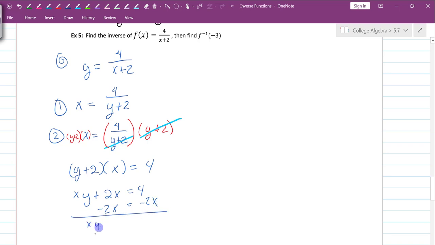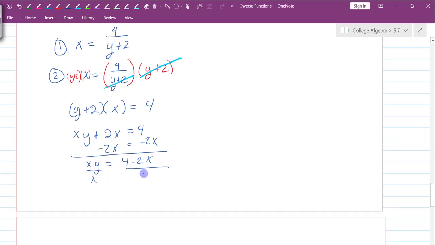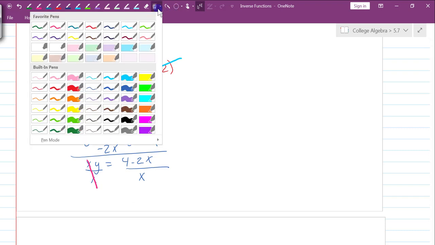And I get xy is equal to 4 minus 2x. And now I'm going to divide both sides through by x. Let me move this up just a little bit. There we go. What I do to one side, I do to the other side, and those disappear. I factor right on out.